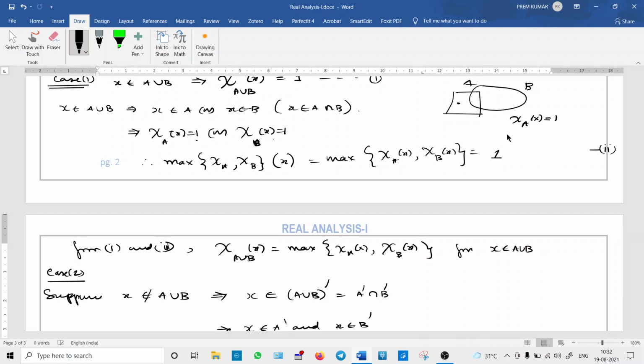The value is 1, and suppose here chi B of x is 0. So what is the maximum of both? Always 1. Suppose x is falling here, this will be 0 and this will be 1. Anyway, the maximum of these two is 1. If it is falling in the intersection, both are 1 and the maximum is 1. So simply you can write like this.